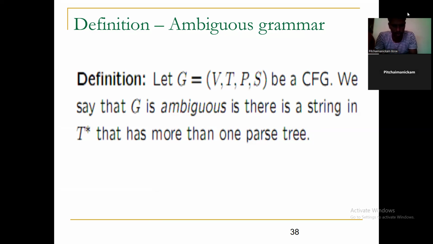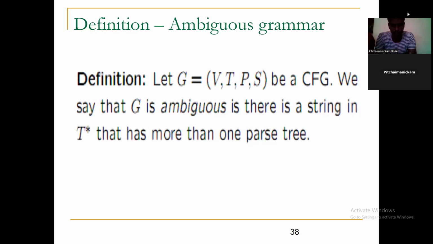Before going to this topic, let us ensure the definition of ambiguous grammar. Let G = (V, T, P, S), variables, terminals, productions, and start symbol, be a CFG. We say that G is ambiguous if there is a string in T star that has more than one parse tree.